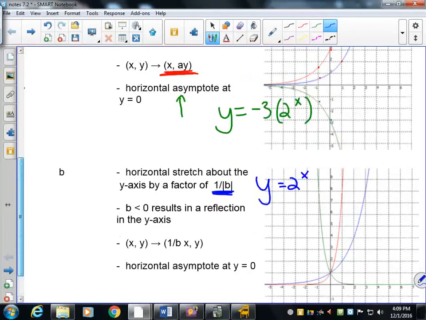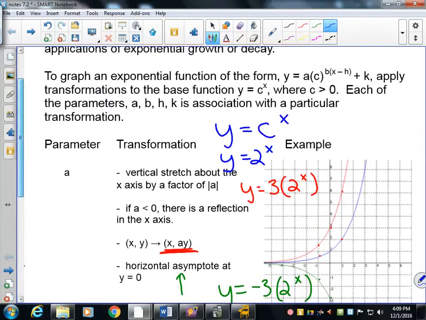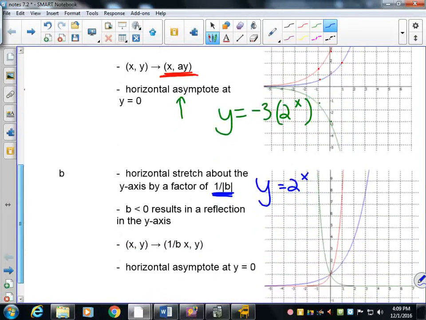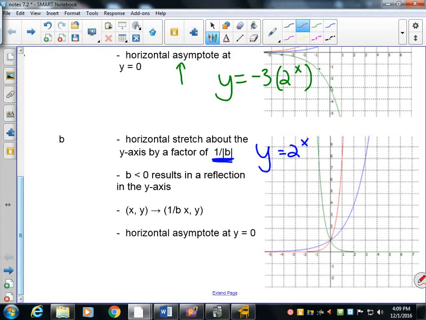Now, going back to that general equation, our b value is part of the exponent. So if I was going to write this red graph, it would be y is equal to 2 to the exponent of 3x, because we squished it by a third, right? 3 to 1.